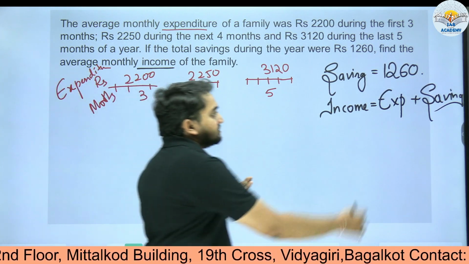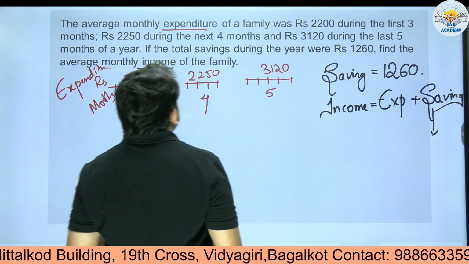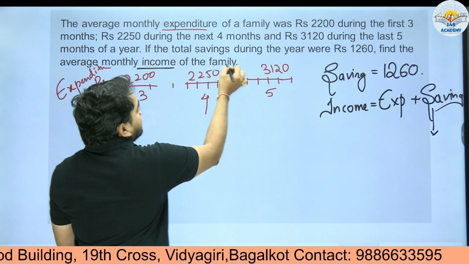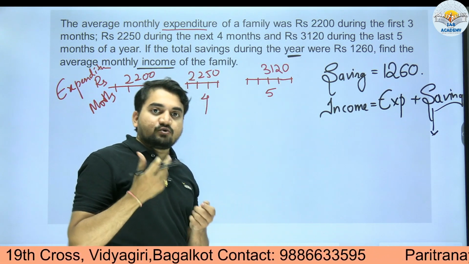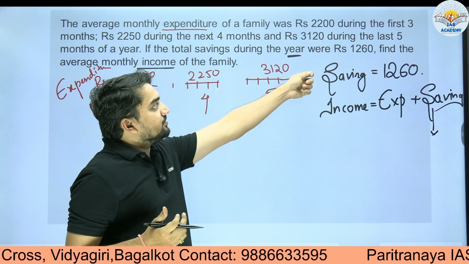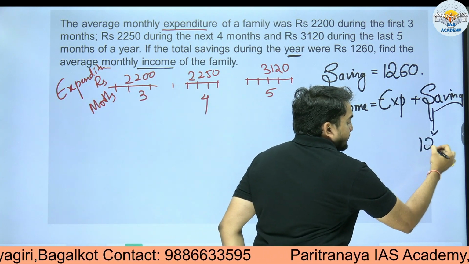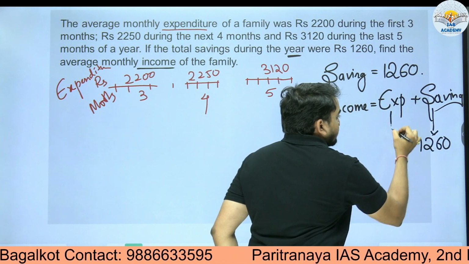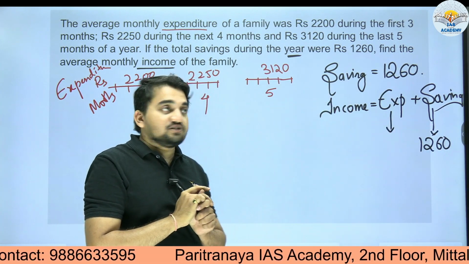They have already given the saving, the total saving during the year. So for the whole year, that is the whole 12 months, it has saved 1260. So what is the expenditure for the whole year? I have to find the expenditure for the whole year.